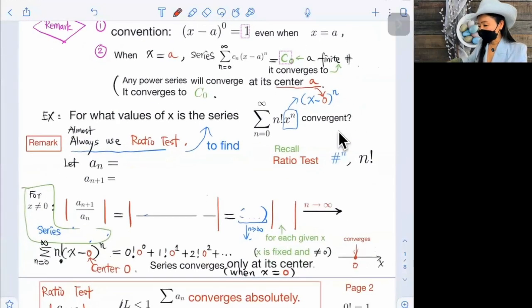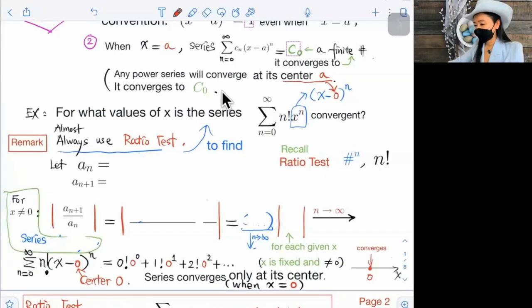Now besides 0, for what other values of x does the series converge? To find out, always use the ratio test. Remember last time we talked about when the series involves a number to the n power or n factorial, then you use the ratio test.